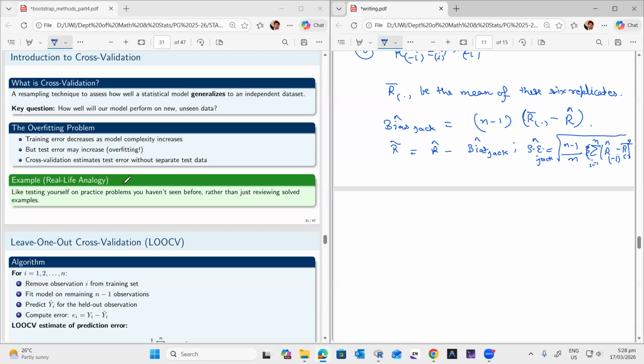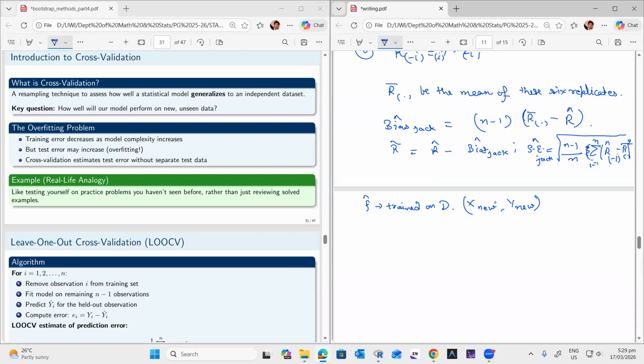Formally, if we have a model f cap trained on the data set, say capital D, we are not interested in its performance on D, but in its expected performance on new, independent observations like X new and Y new.